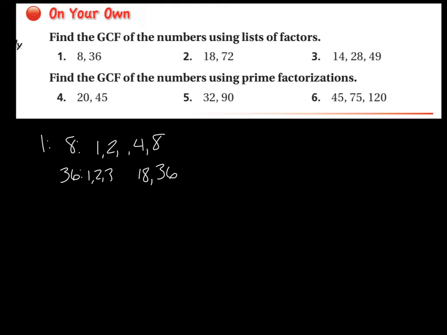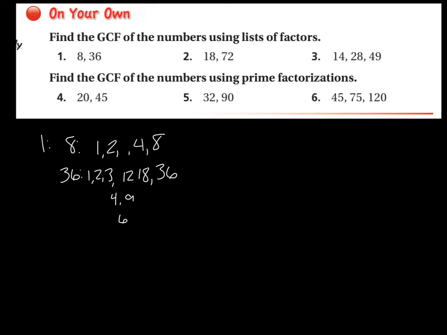Then we have 3 and 12. Then we have 4 and 9. And then 6 is a factor with itself. Sorry that took up a lot of room there, but that's what you're going to do for those first 6. And then I'll just write the answers for the rest of them so you guys can check and see if you're right.